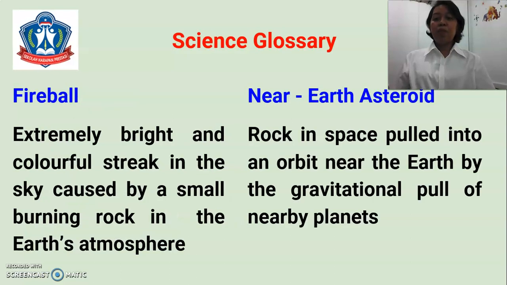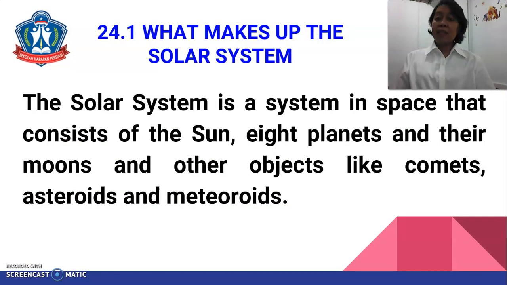Fireball is an extremely bright and colorful streak in the sky caused by a small burning rock in the Earth's atmosphere, while near-Earth asteroid is a rock in space pulled into an orbit near the Earth by the gravitational pull of nearby planets.